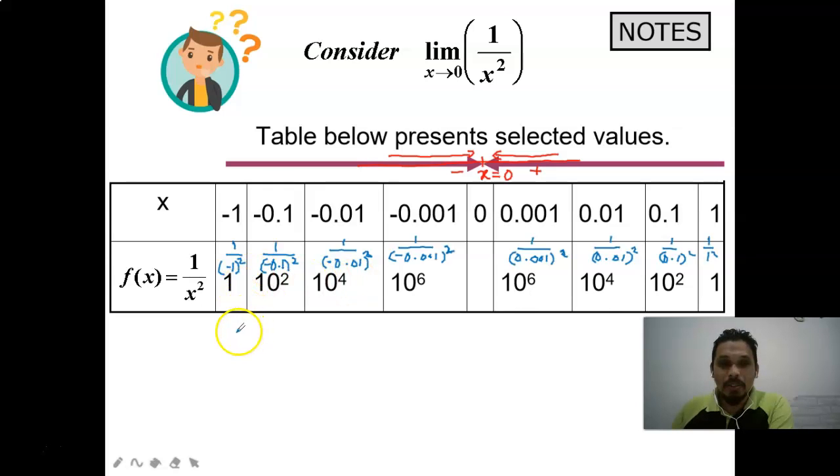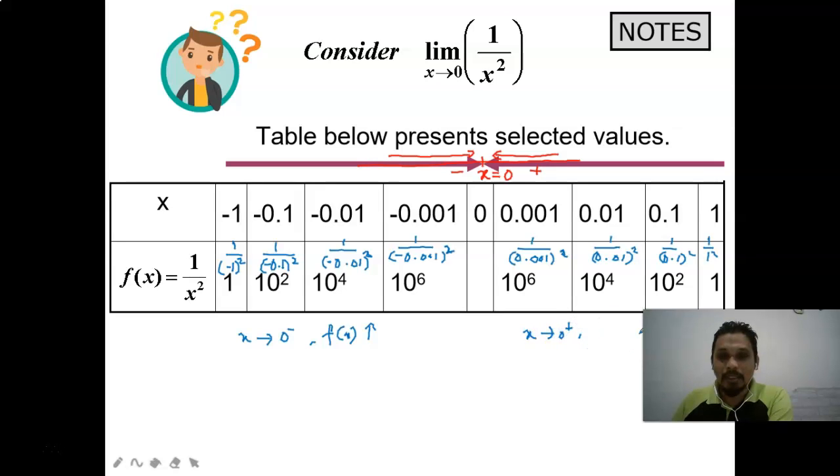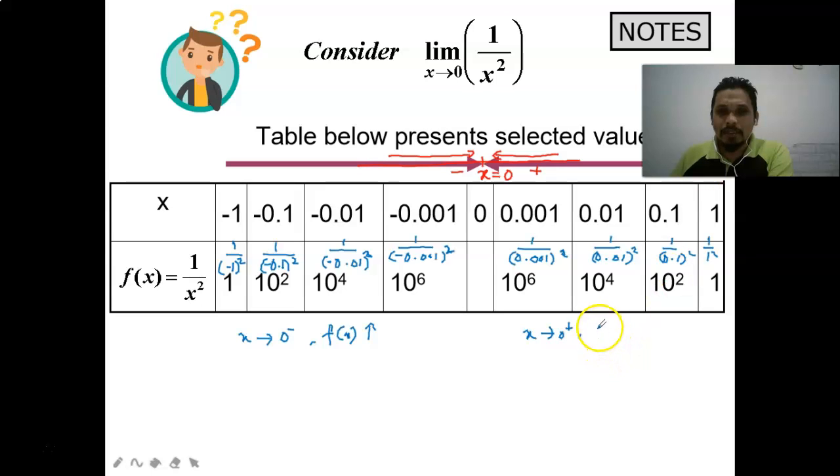when x approaches 0 from the left, the function f(x) increases. And also when x approaches 0 from the right side, the function f(x) increases to positive infinity, meaning that the value of y is getting bigger and bigger.